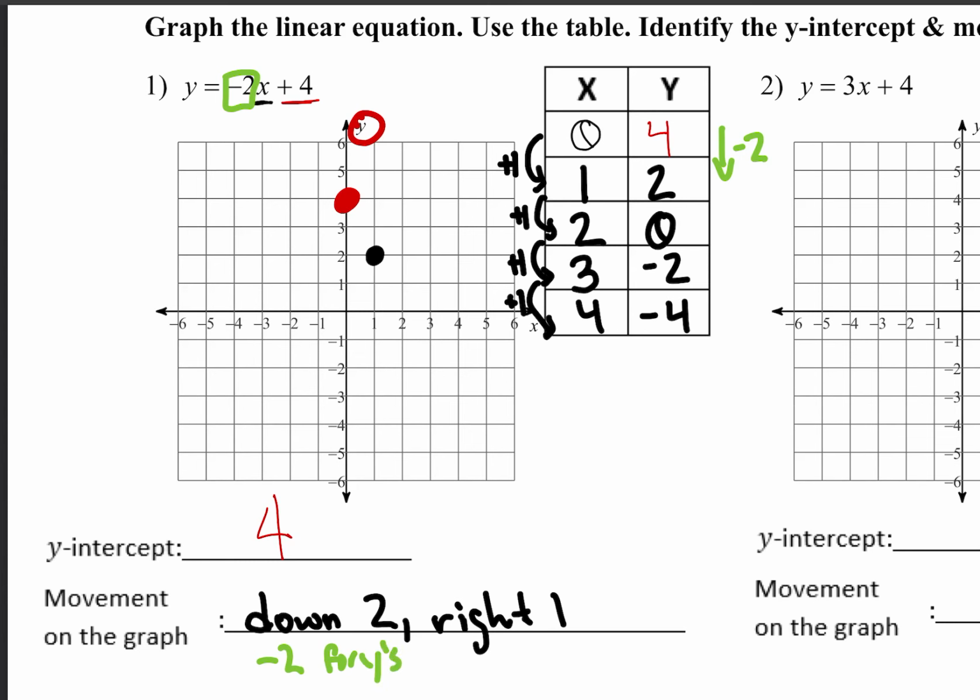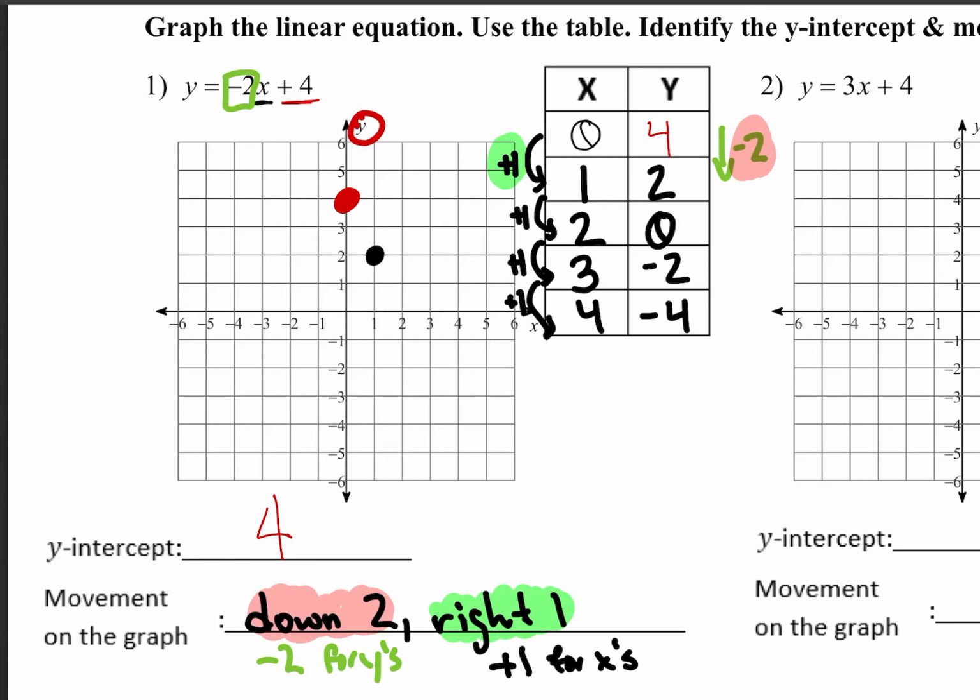This right 1 is the plus 1 we did for our x's in the table, okay? So let me highlight those in some colors. So this adding by 1 relates to the right 1 movement on our graph. This minus 2 on our table relates to going down by 2 in my graph, okay?